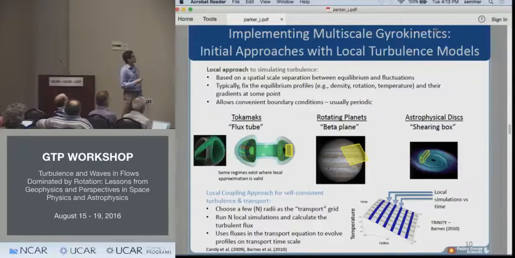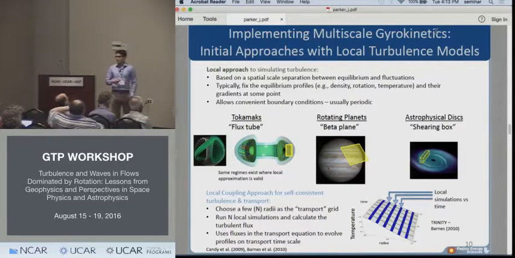So in tokamaks, the local simulation is often called magnetic flux tube, and this has analogs in other contexts as well. The way that this coupling approach would work with local simulations is you choose a few points, a few radii along your tokamak, say n, and at each point you do a local simulation, and you calculate the turbulent flux resulting from that simulation, and then you use that flux to evolve the transport equation.